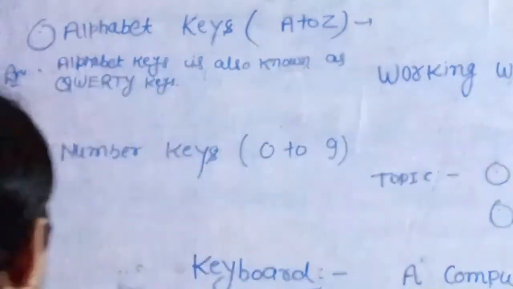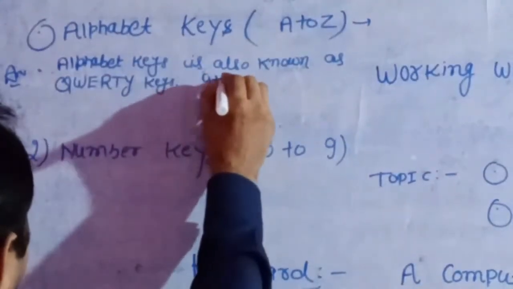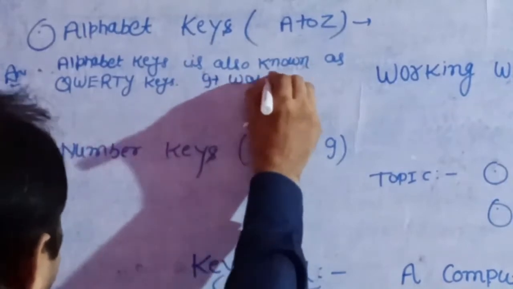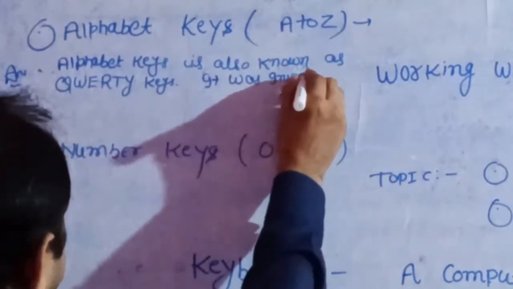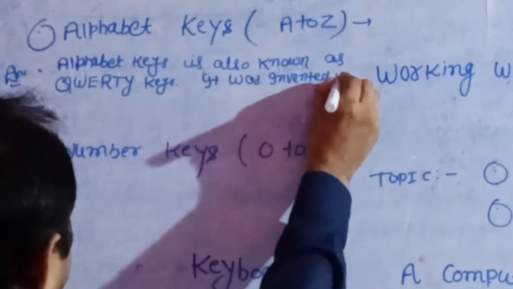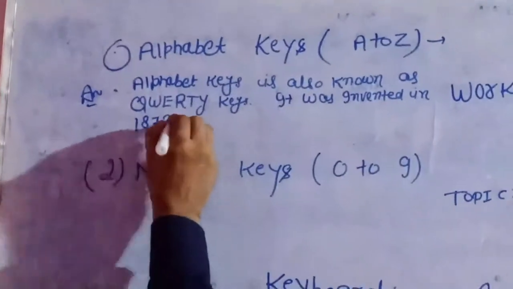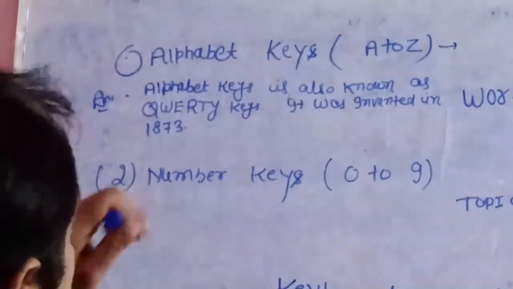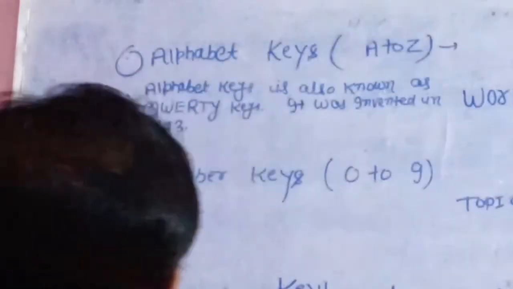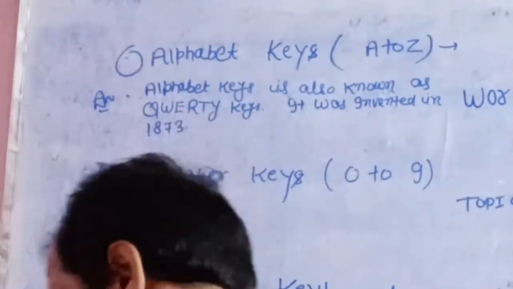It was invented in 1873. Anybody may ask the question, what is the alphabetical key? So the alphabetical key is also known as the QWERTY key.